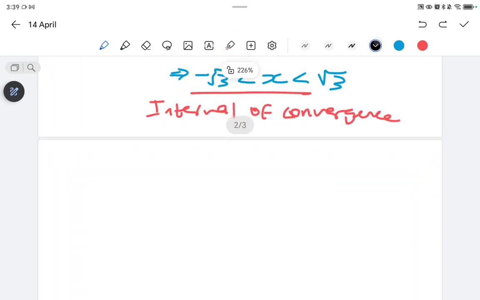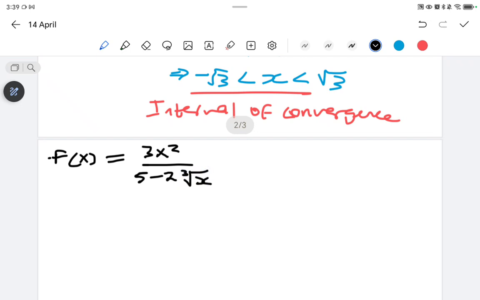So the second question that we have now, we have f of x is equal to 3x squared over 5 minus 2 cubic root of x. And then we know we must change this to what? 1 over 1 minus x, provided that the absolute value of x is less than 1.